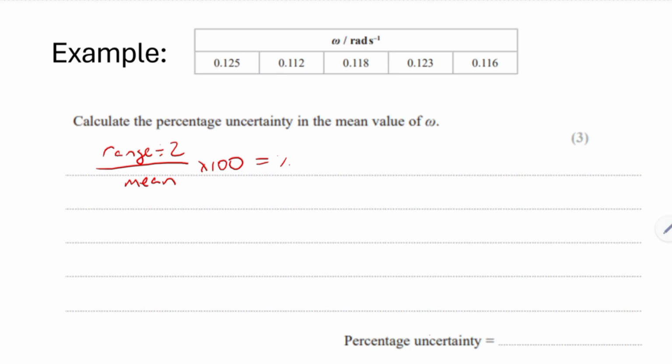What's the range of these values? You have to find the highest value, which is 0.125, and the lowest value, which is 0.112.